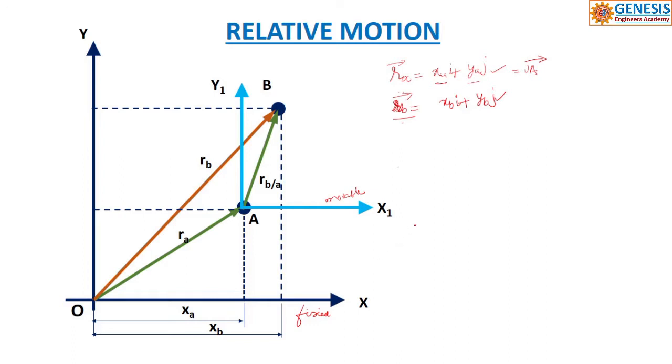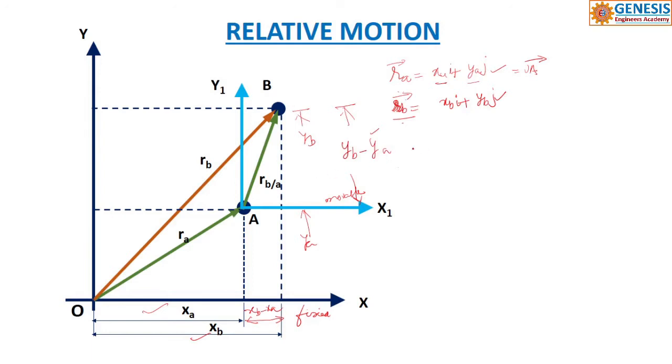This is XA and this is XB, and the difference in between is XB minus XA. Like that, this is YB and this is YA, and their difference is YB minus YA. Okay for you, right?